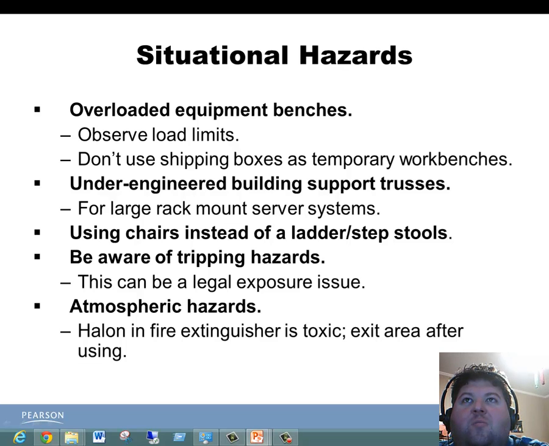For under-engineered building supports, make sure that if you've got a large rack mount, they put extra support in to handle that. Use a step stool, don't use a chair. That's pretty common sense, but we all have used chairs here and there, so be careful with that. Avoid tripping hazards. This can be a legal exposure issue. That is very true.